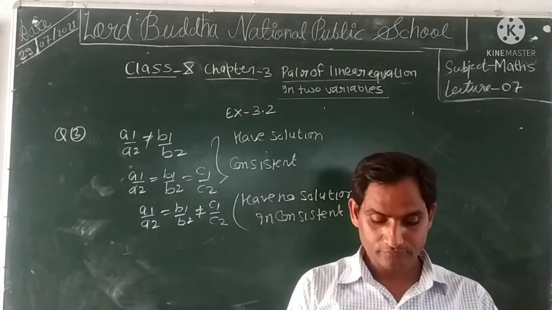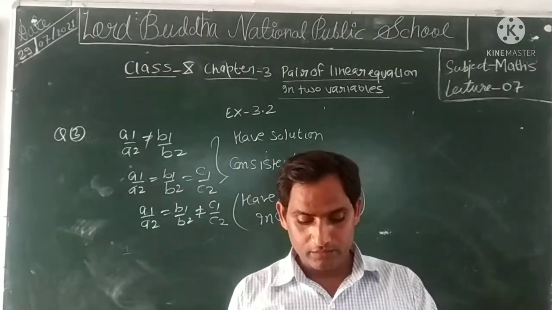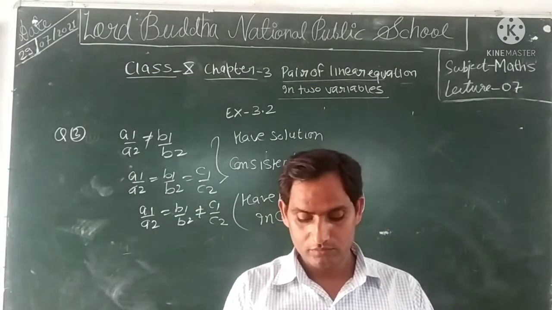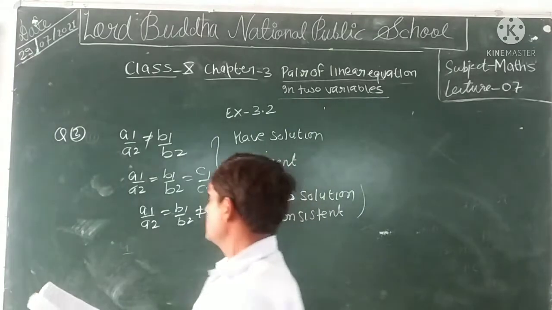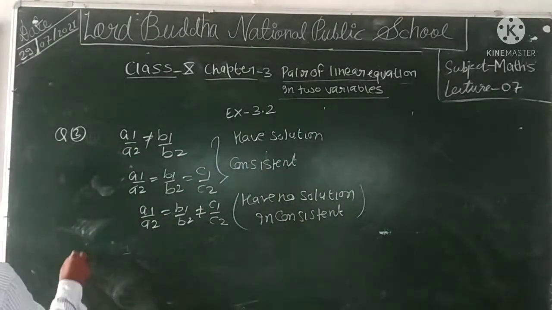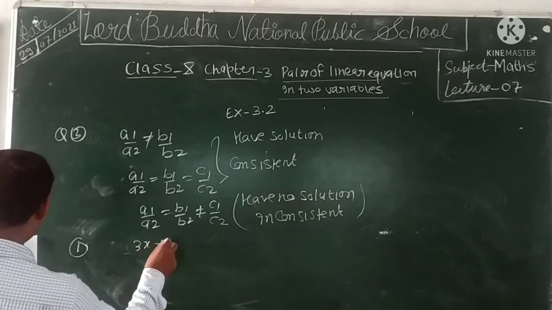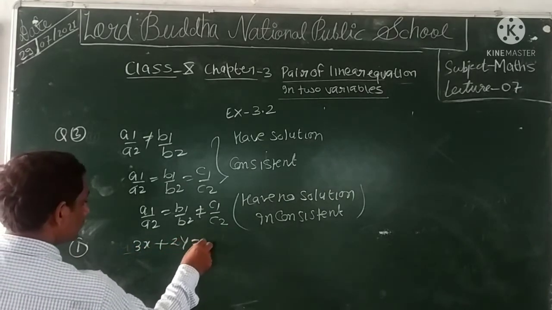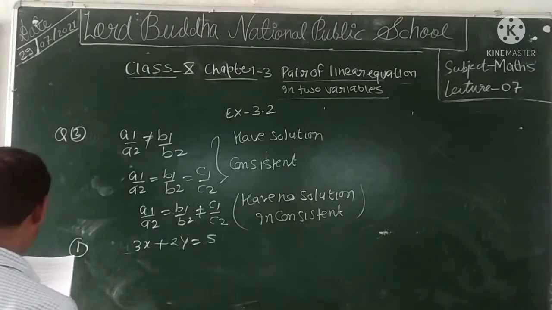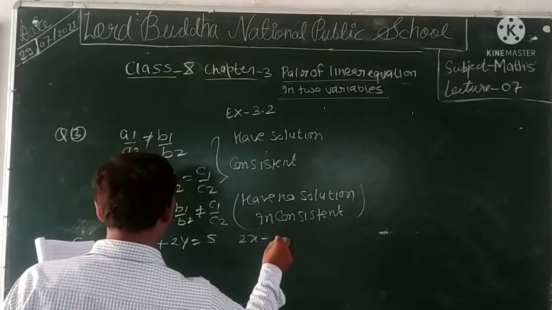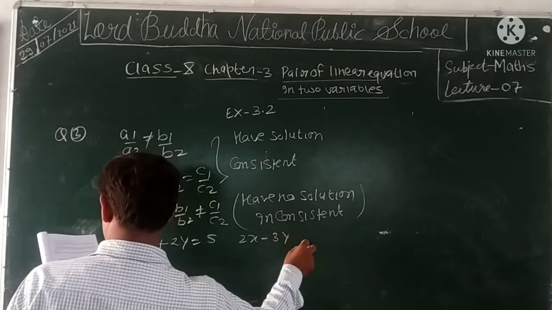Okay, now we see the first part of question number 3. This is 3x plus 2y equal to 5 and 2x minus 3y equal to 7.